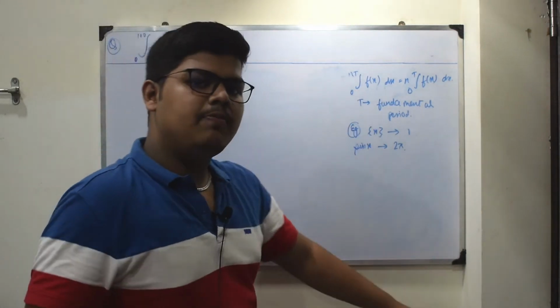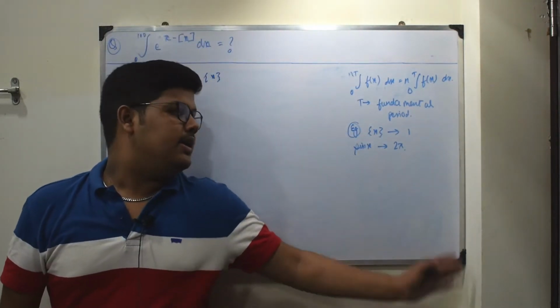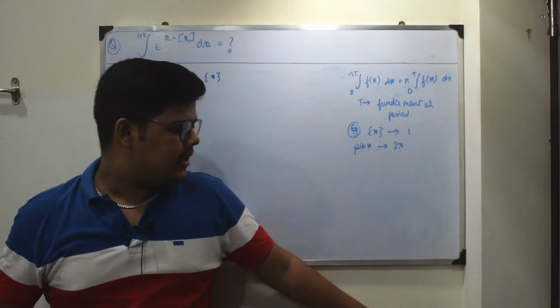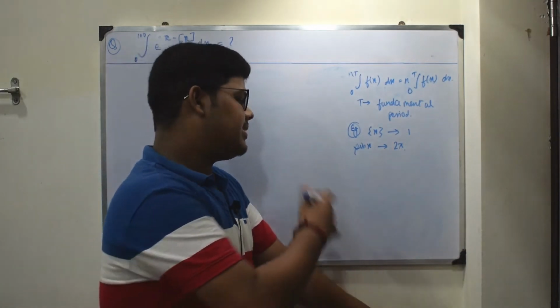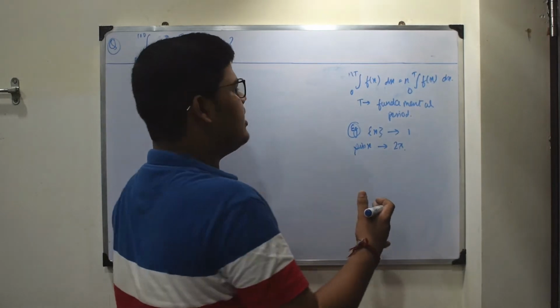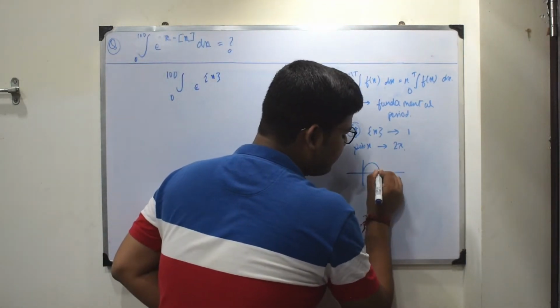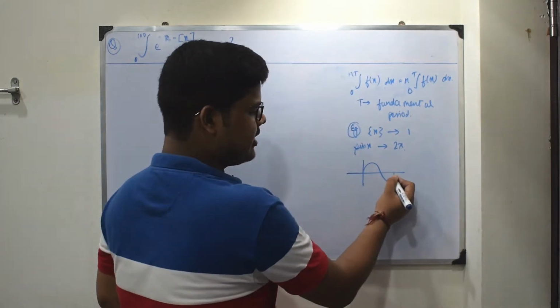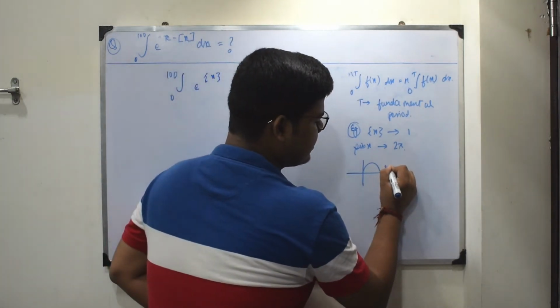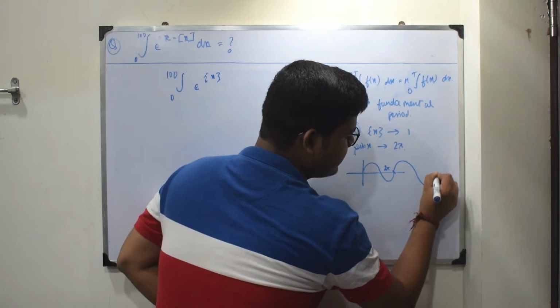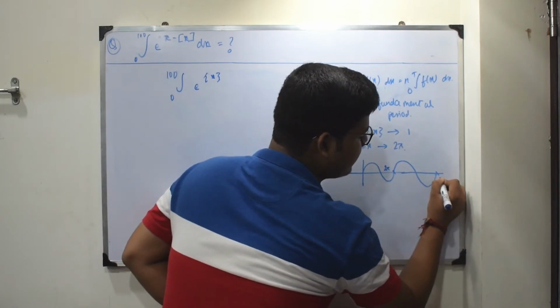Basically, the concept of period is a kind of time interval. For example, sin x repeats its graph after every 2 pi, this is 2 pi, then the graph will again repeat itself after 2 pi, this is 4 pi.